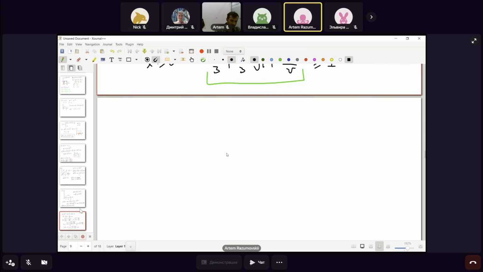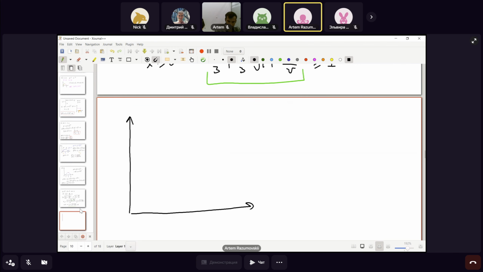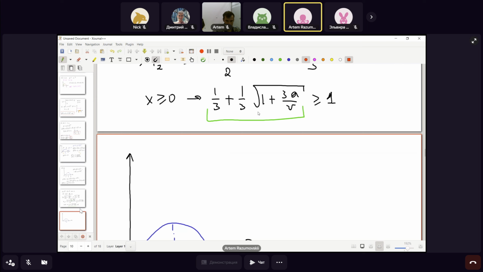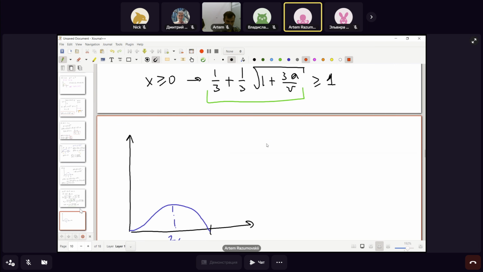Yeah, let's come back to our picture. Previously we had such a graph that goes like that, and then you have the maximum in 2/3. Then we made some transformations with it. Probably it looks kind of the same. So now we know that we are at the maximum in that point.